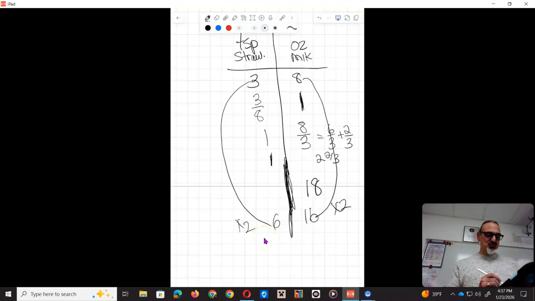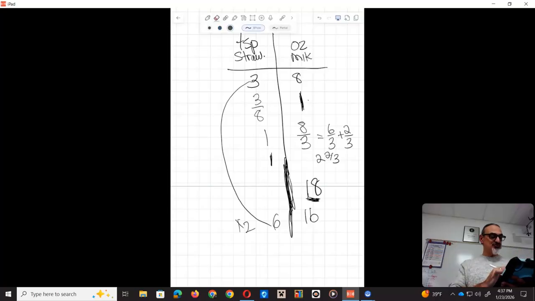But I need 2 more ounces to get to that 18, right? How can I get to 2? Well, what have I got here? Let's see. I've got 1. So I'm going to erase some of this before it gets too hard to see. Give myself enough room here. Okay.